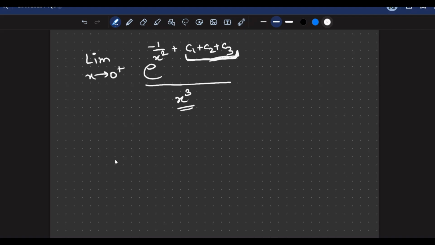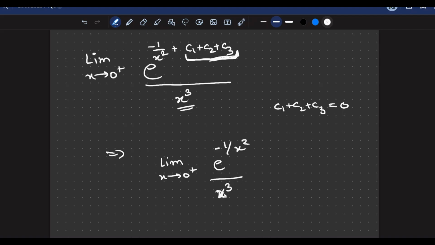Got that? So my limit simplifies to, let me write it over here, c1 plus c2 plus c3 is equal to 0. My limit simplifies to limit x tending to 0 plus e power minus 1 by x square, by x cube. Now another amazing observation. What is the derivative of e power minus 1 by x square?